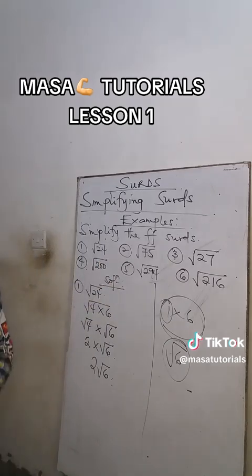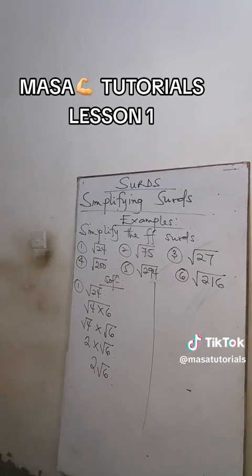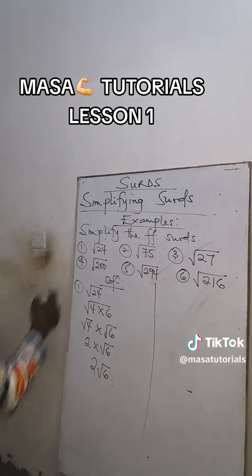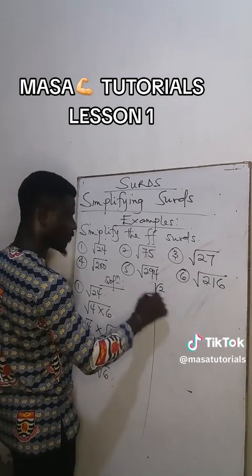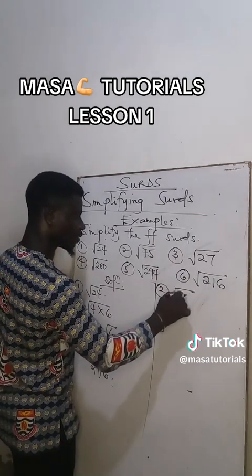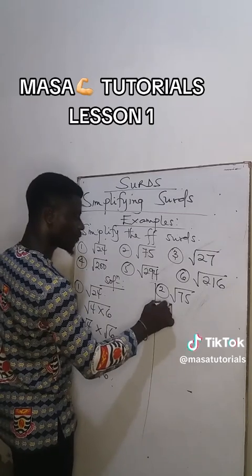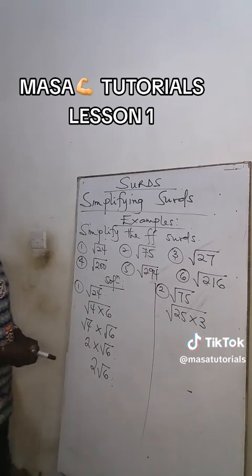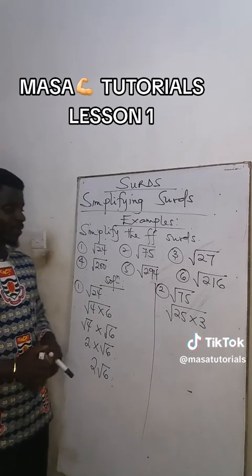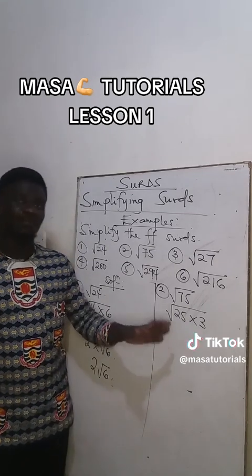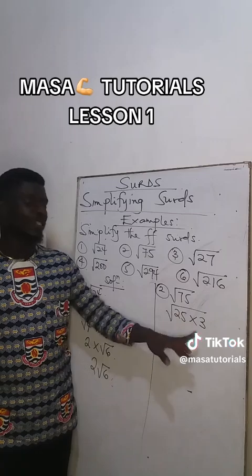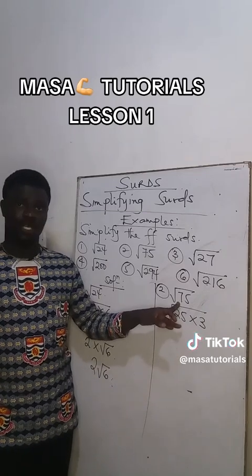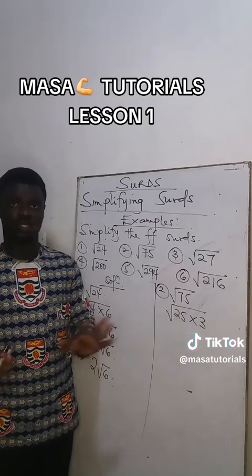Now let's see square root of 75. We have 25 times 3. So as a GHS learner, you should be very smart and fast and see the 2 numbers that, when you multiply, you get 75, because you don't use a calculator.